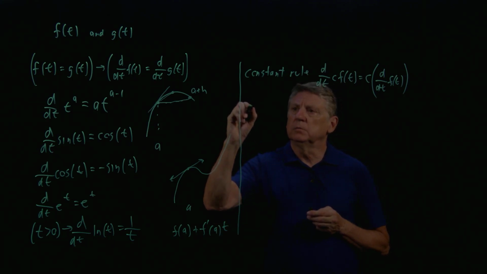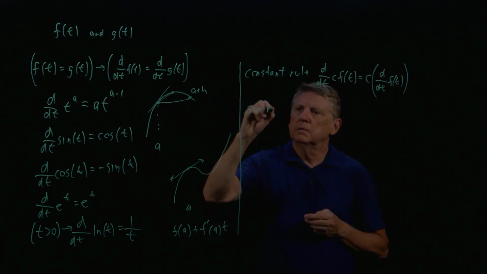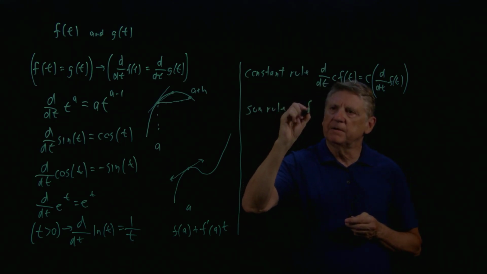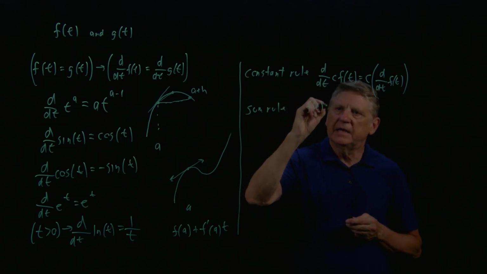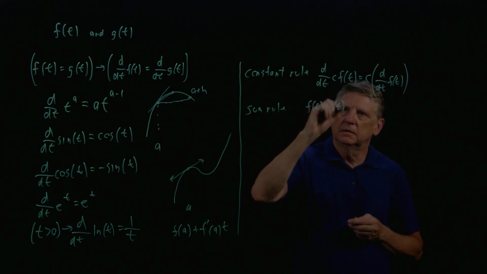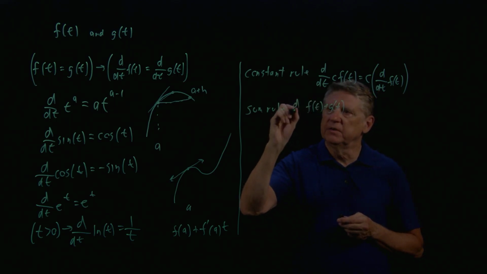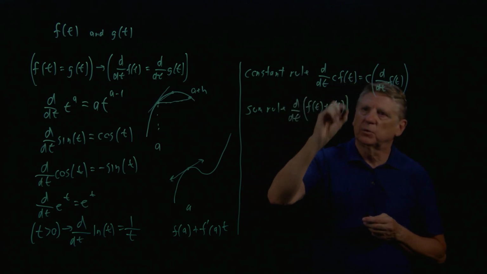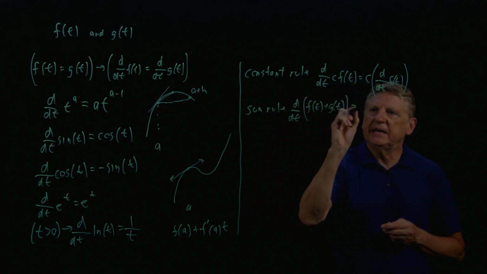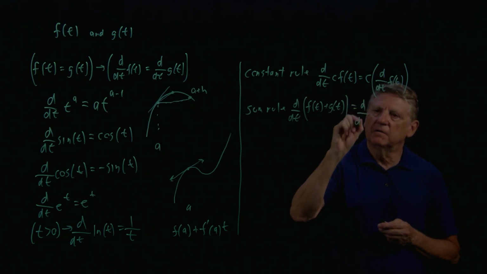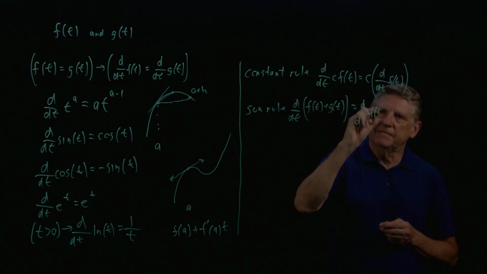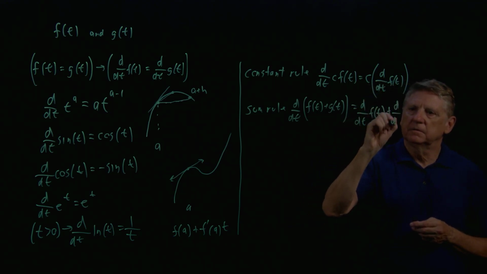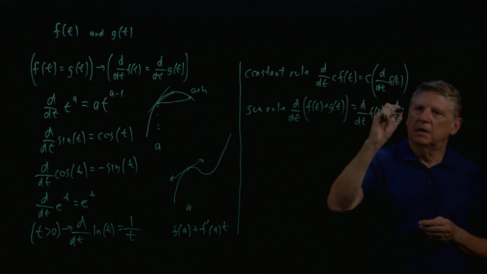The sum rule is that if we have a pair of functions, f and g, and we take the derivative of them both, that equals the derivative of f plus the derivative of g.